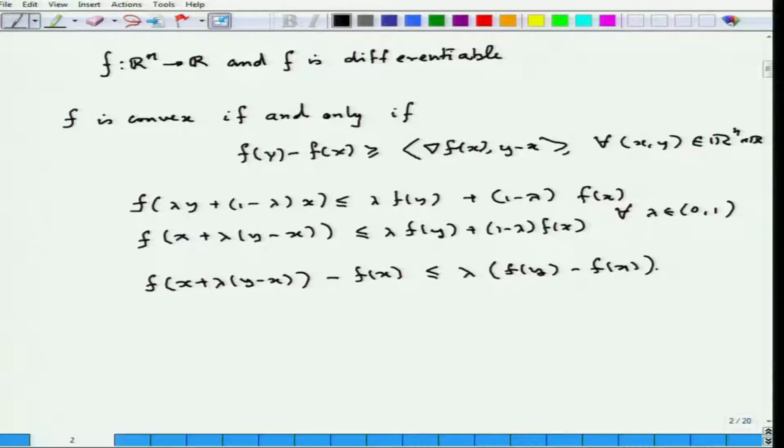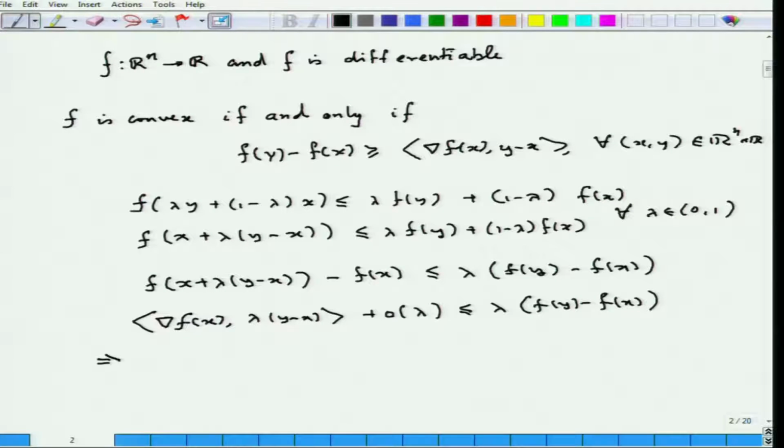Now, differentiability would allow us to expand this in the form of Taylor's theorem, and that would lead to grad f(x) lambda (y minus x) plus small o of lambda is less than lambda times (f(y) minus f(x)).